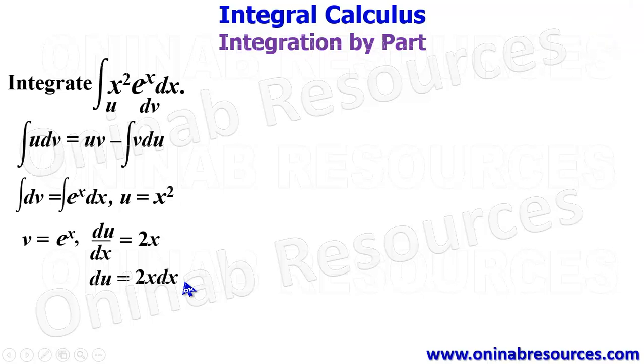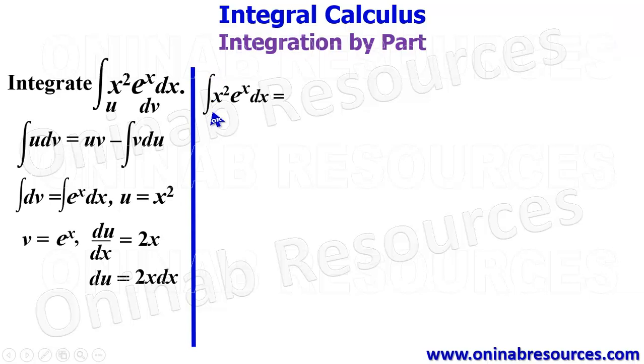We then go ahead to substitute into the main integral, which is integral of x squared e raised to power x dx. So here our u is x squared, so we have x squared. Our v is e raised to power x, so we have x squared e raised to power x, then minus integral of our v.